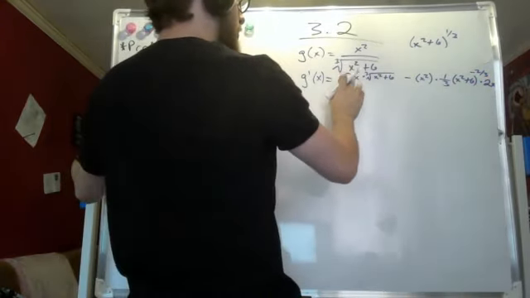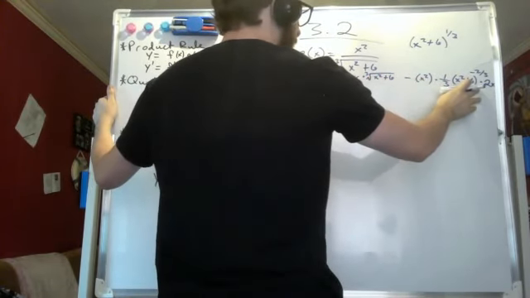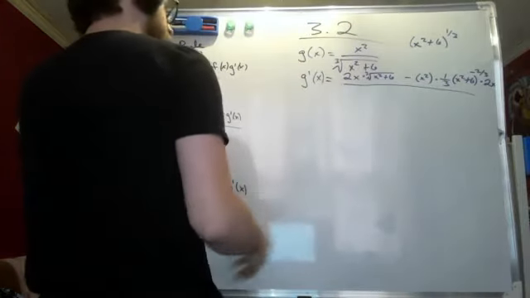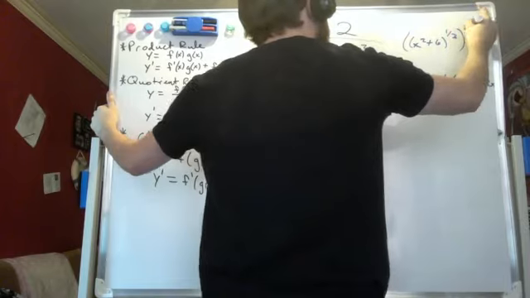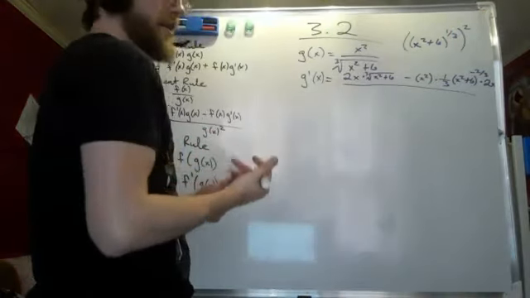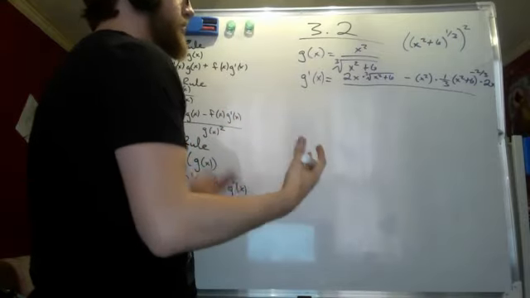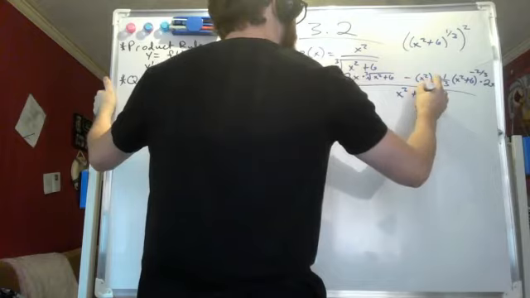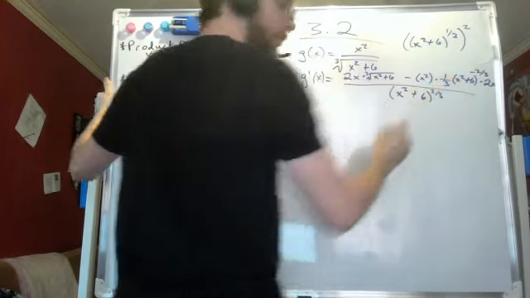So that's derivative of the top times the bottom minus the top times the derivative of the bottom, all divided by the bottom squared. Now what happens when you square something that already has a power? Well, you end up multiplying the powers. So what's 1/3 times 2? Well, that's just 2/3. So no big deal. We have x squared plus 6 raised to the 2/3 power.